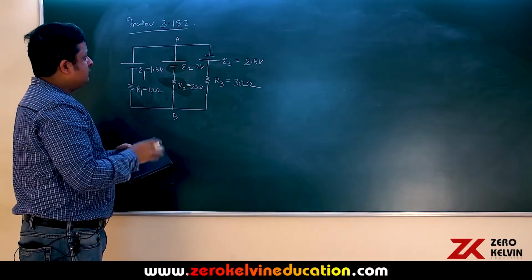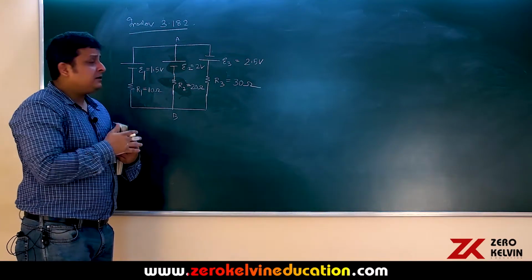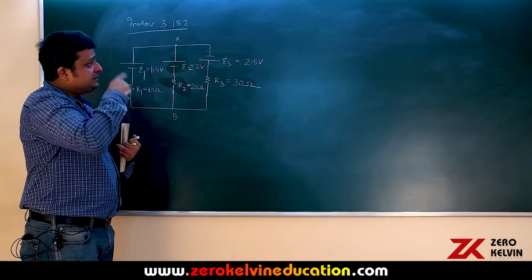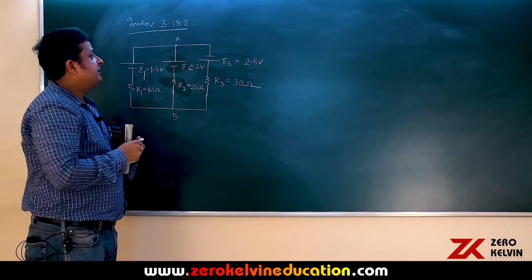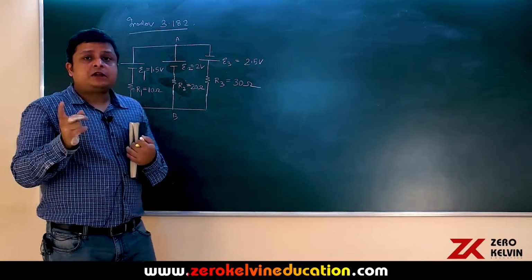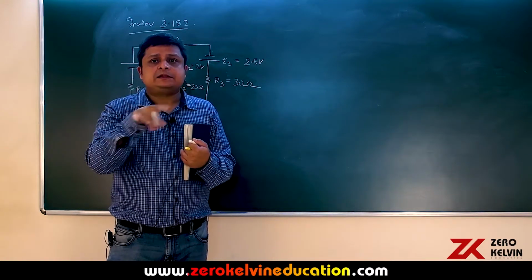Now we will assume voltage of one point to be 0. This is a very useful technique to solve problems in circuits. In a circuit, if you earth or ground some point, it makes the potential of the point 0, but it won't change anything else in the circuit.